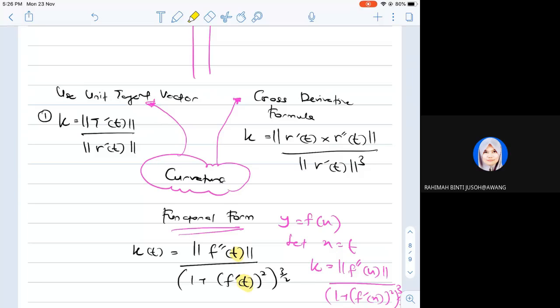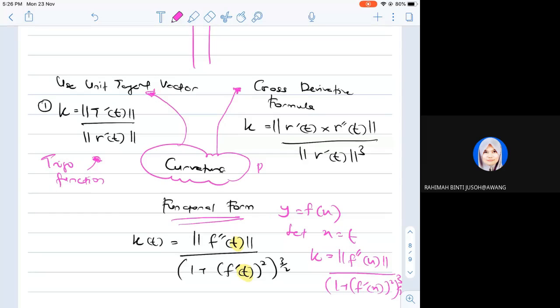If your r t involves a trigo function, for example sine 3t plus cos 2t plus 5, the first formula would be easier for you to get the curvature. And the second formula is suitable for the case of polynomial and also for exponential function.